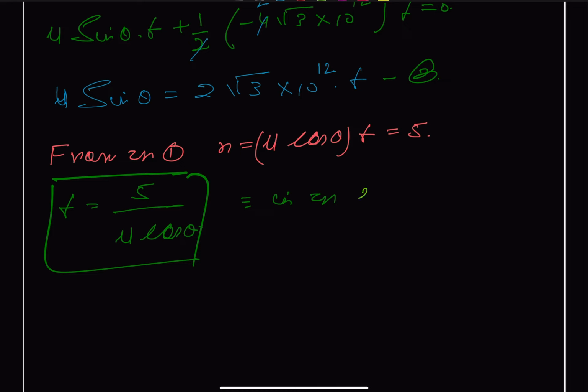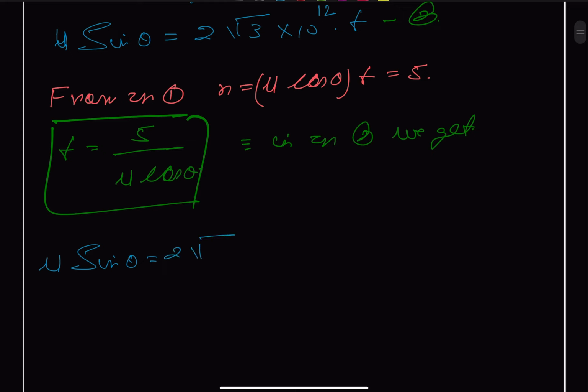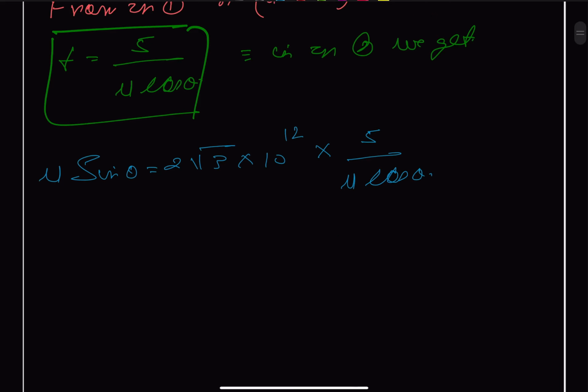In equation 2, we get u sine of theta is equal to 2 root 3 into 10 raised to the power 12 multiplied by 5 by u cos of theta, and this comes as u square sine theta into cos theta is equal to 10 raised to the power 13 square root of 3.